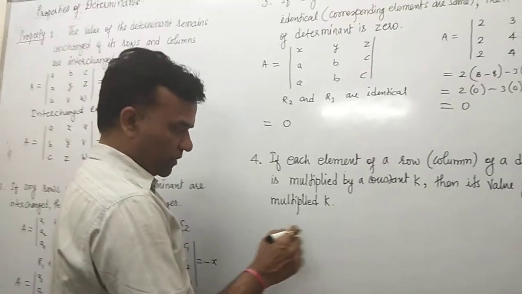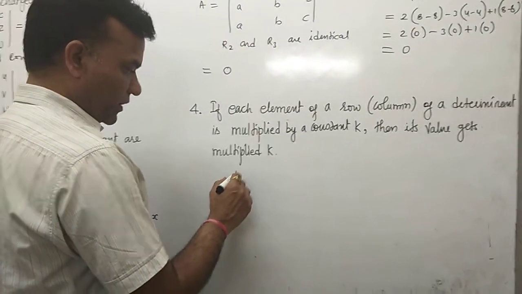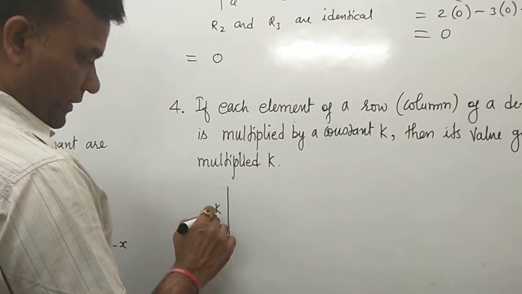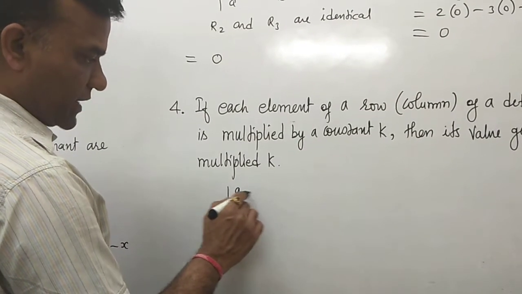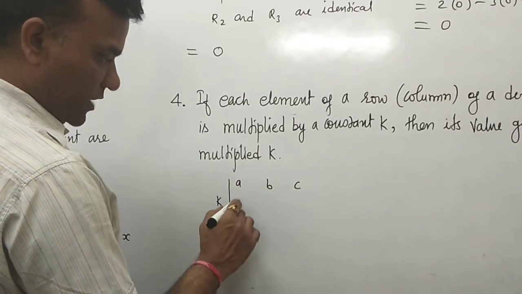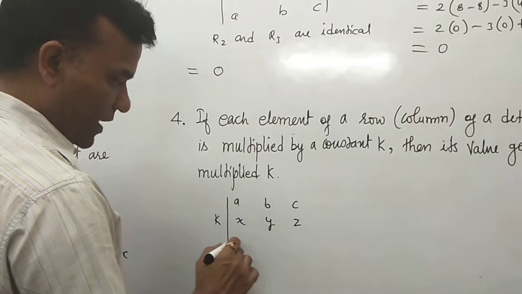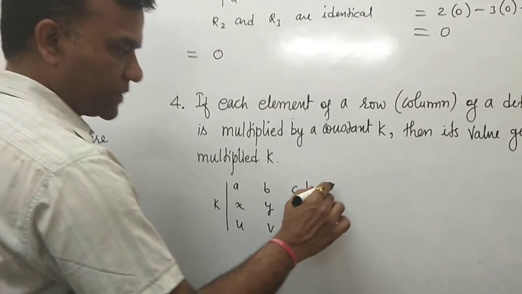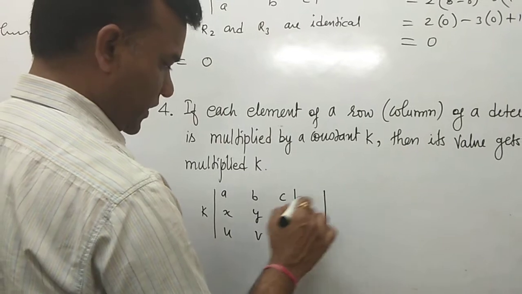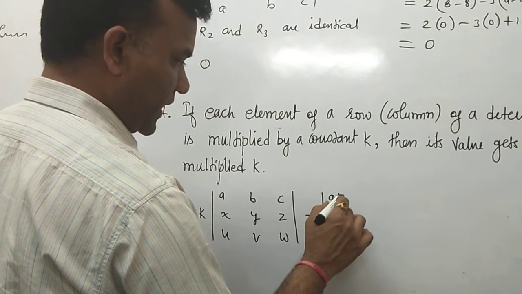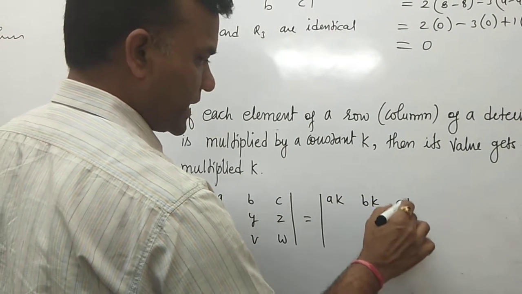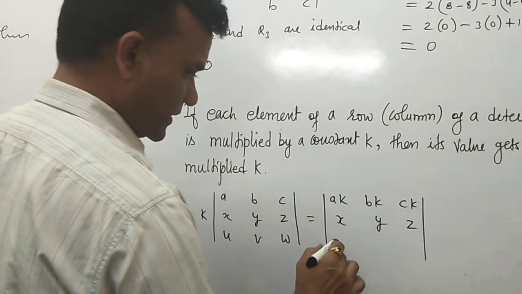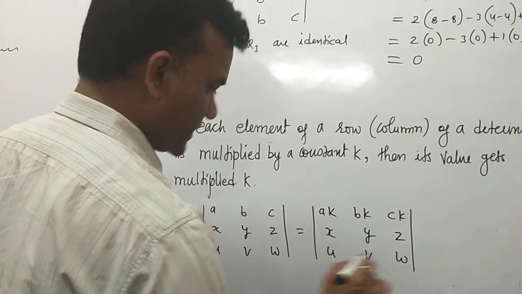By this property, we take the example: you write down the value of a determinant, suppose k times the determinant with a, b, c, similarly x, y, z and u, v, w, which is equal to, with no change in the other rows, ak, bk and ck, after this you write x, y, z as it is, and u, v, w as it is.